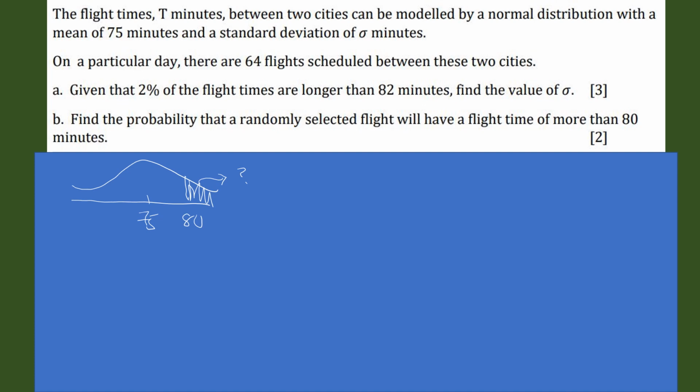We can use our calculator. We're looking for the probability that the time, T minutes, is greater than 80. So what function of the calculator are you going to use?